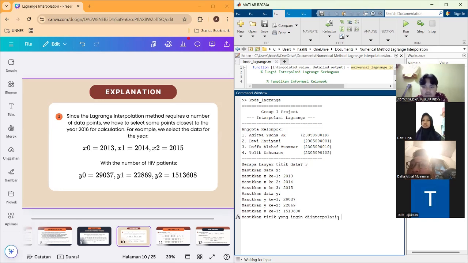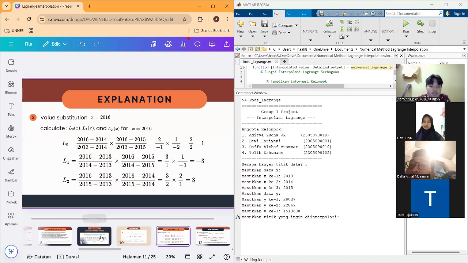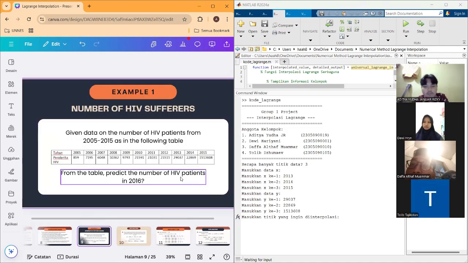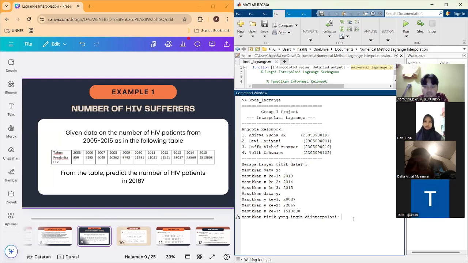Please fill in the data that you want to be interpolated. As in example 1, we want to find the number of HIV patients in 2016, so we type 2016.